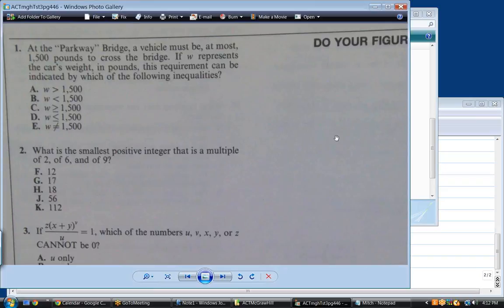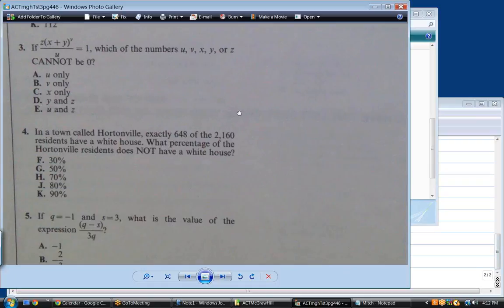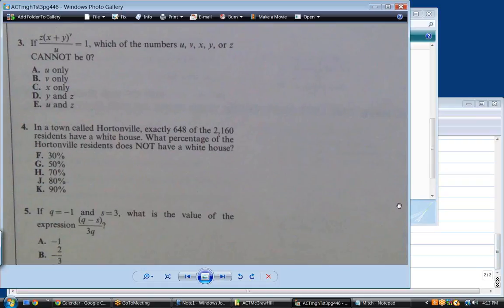It'd be D. Good. $18. Good. U only. A. Good.